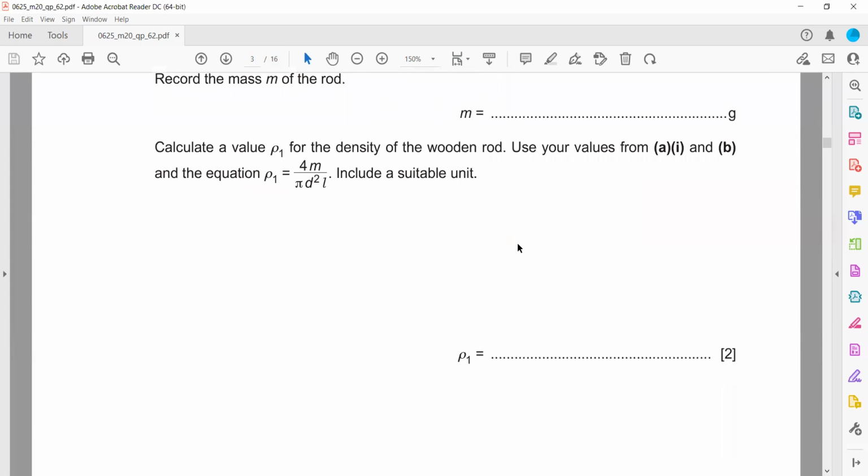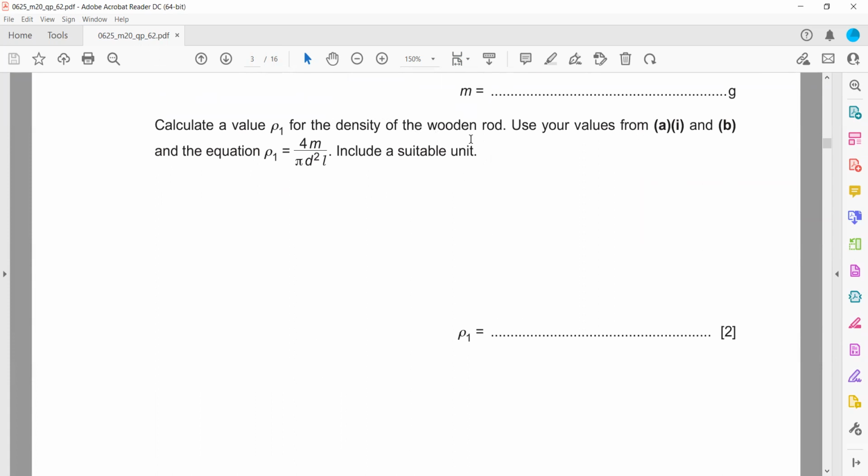Then we have to determine the density of the wooden rod using the values from A1, B, using the equation. Then rho 1 is equal to 4m over pi d square L. So all the values are there.